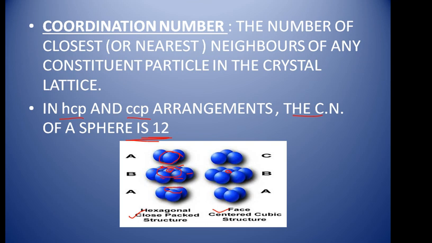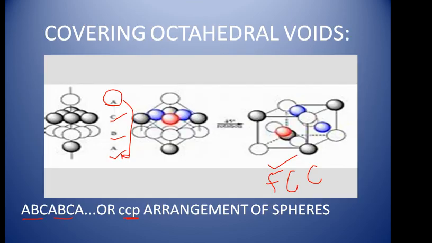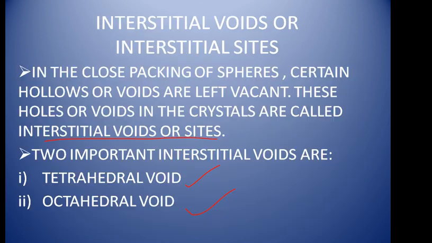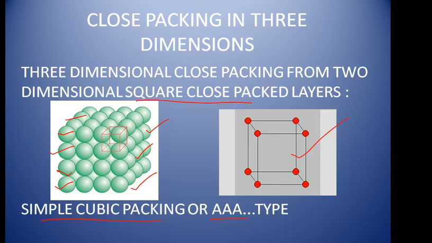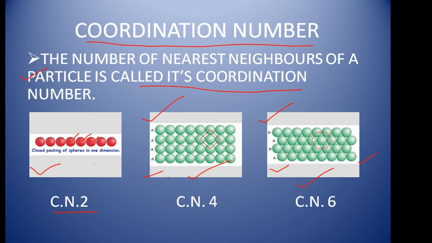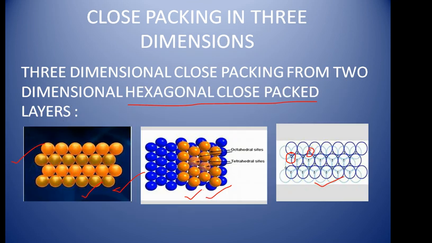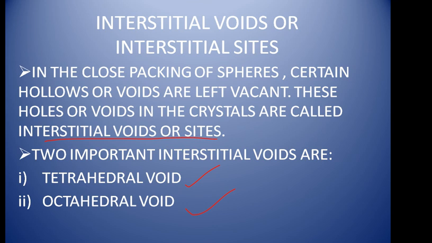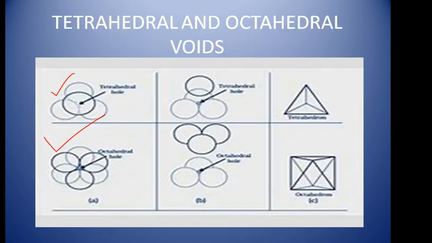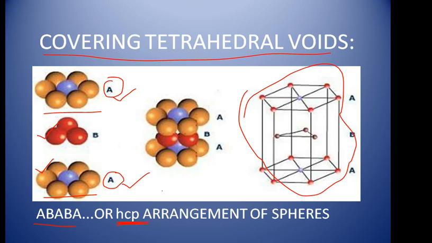I am repeating this again from the very beginning, that in one dimension you have no other option, you have only one option, this one, and in 2 dimension you have 2 options of these 2, and in 3 dimension from here you will get only this one simple cubic packing, and from this hexagonal close packing you have 2 voids, octahedral void and tetrahedral void, these 2, and if you want to cover the tetrahedral void you are getting HCP structure.